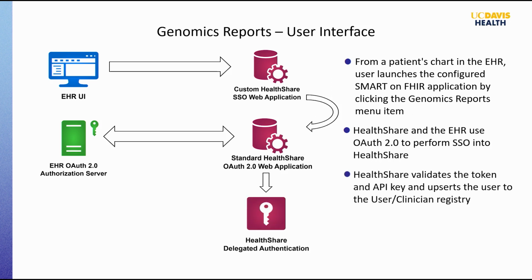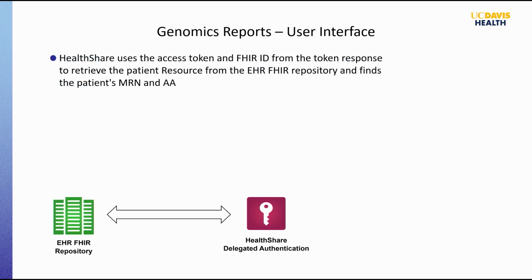HealthShare then validates the token and API key and upserts the user into the clinician registry. What happens next is that HealthShare then uses the access token and the FHIR ID from the token response to retrieve the resource of the EHR FHIR repository, the patient resource, to get the medical record number and the assigning authority.